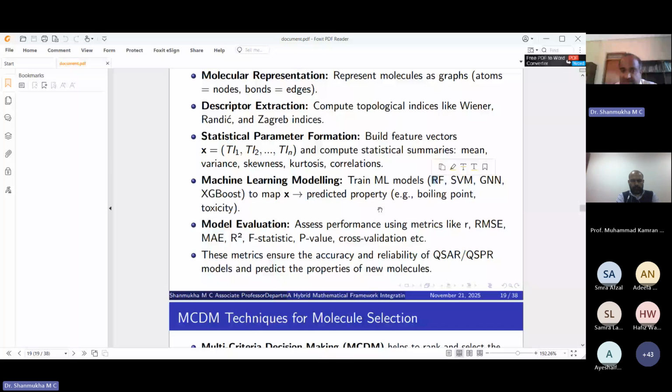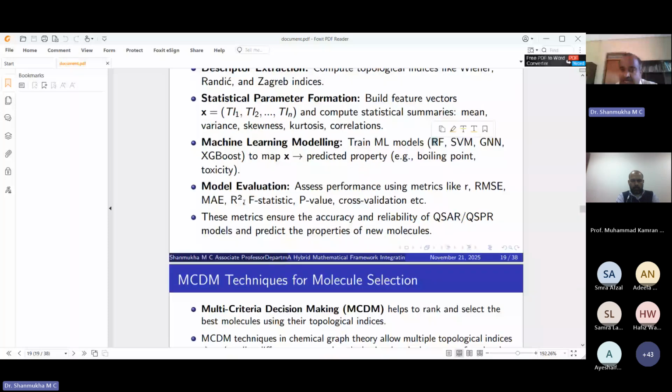Then model evaluation. Based on the statistical parameters, we assess the performance using metrics like R, the correlation coefficient between the index and the considered physical properties. Then root mean square error called RMSE. Then mean absolute error called MAE. Then coefficient of determination R square.